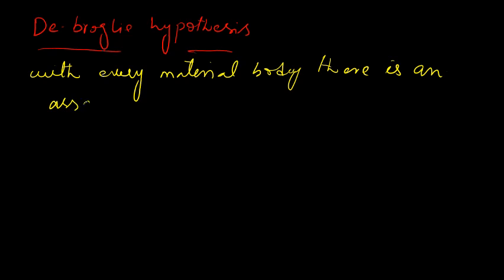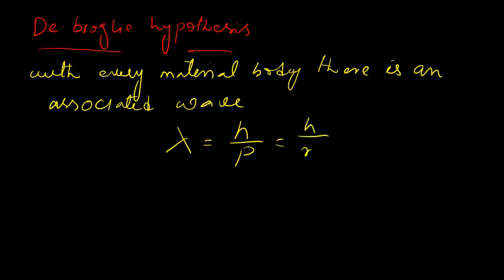Mathematically, the de Broglie wavelength can be represented by lambda equals h over p, that is equal to h over mv, where h is the Planck constant.